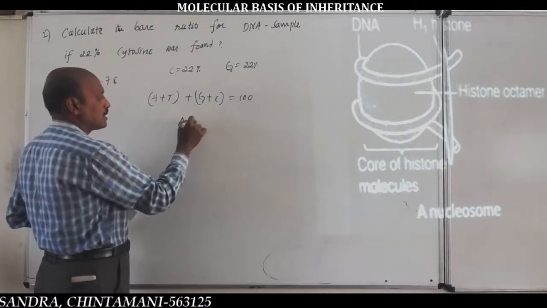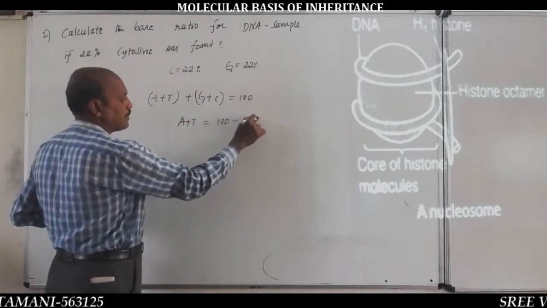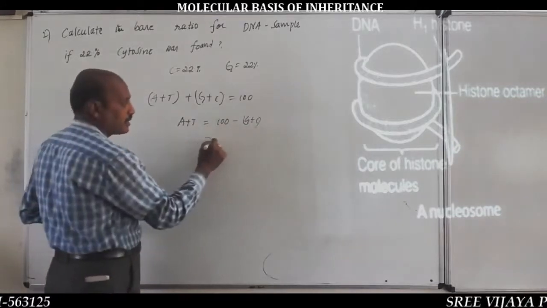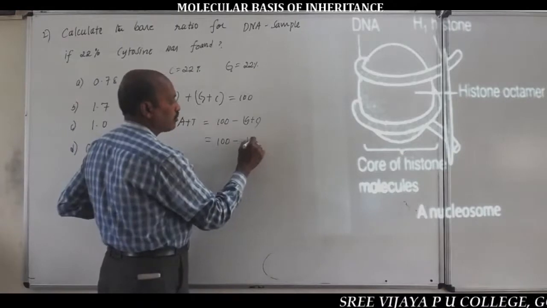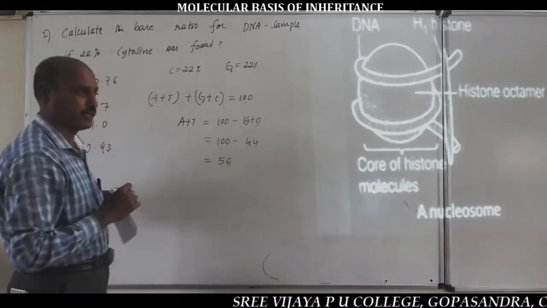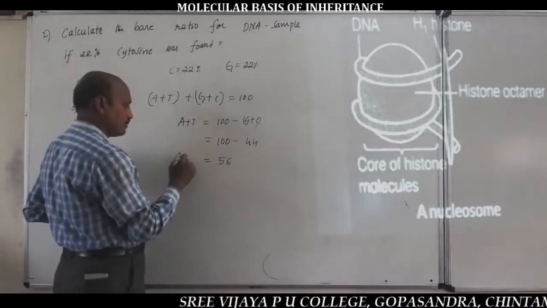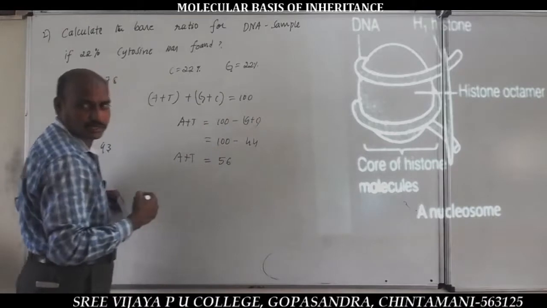Here A plus T equals 100 minus (G plus C), which is 100 minus 44, equals 56. A plus T, adenine and thymine, is 56.